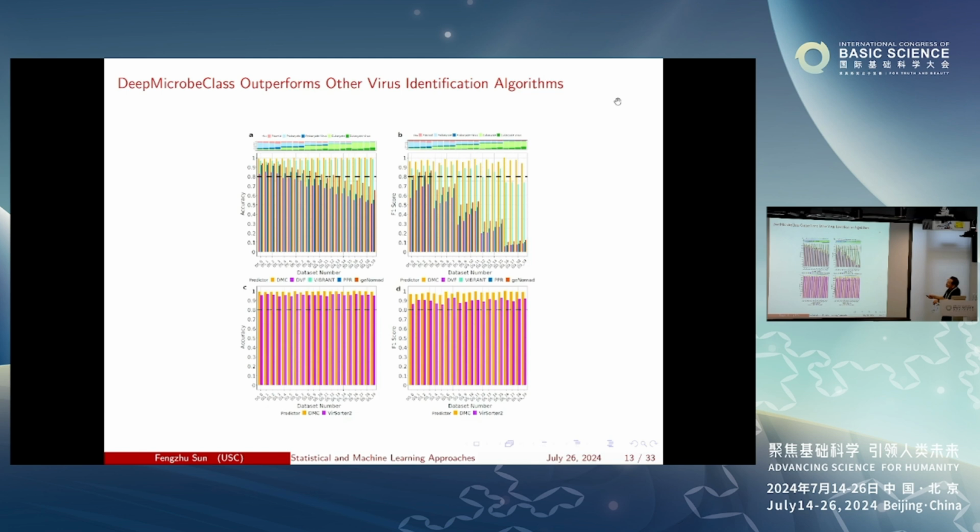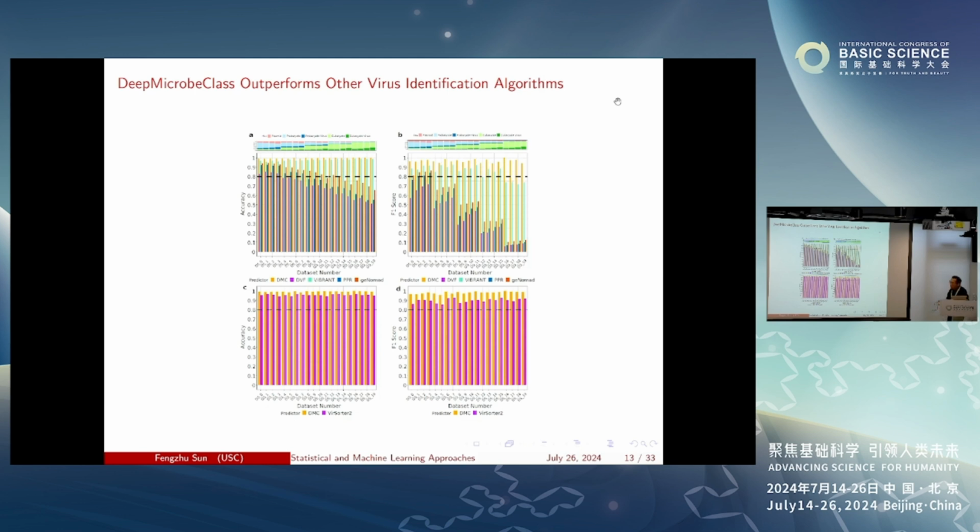These are the F1 score, those are the AUC curve. For the eukaryote viruses, only our program and VirSorter 2 can predict eukaryote viruses, and our performance is slightly better than VirSorter 2 for those scenarios.